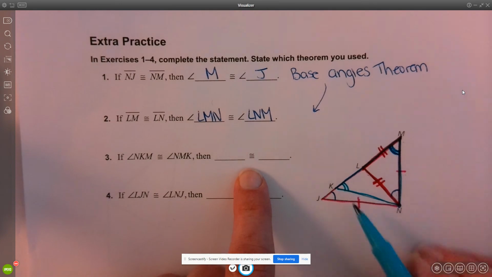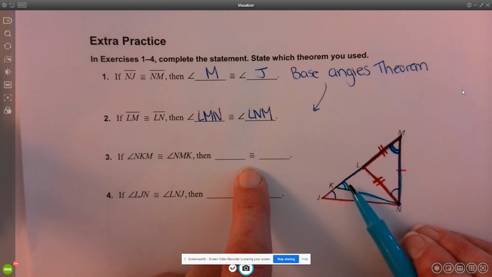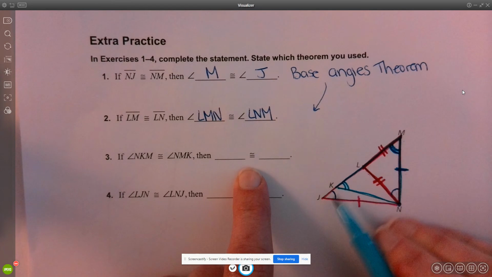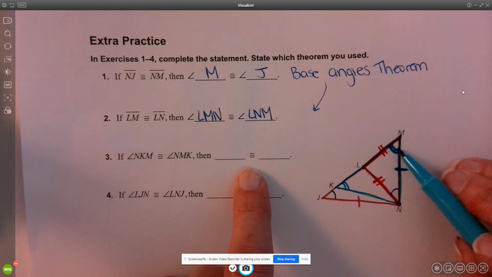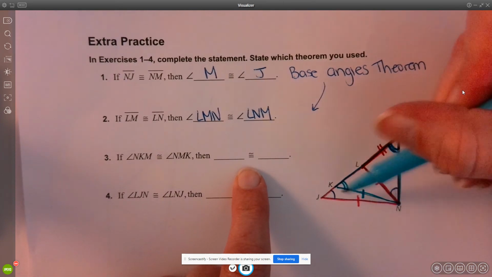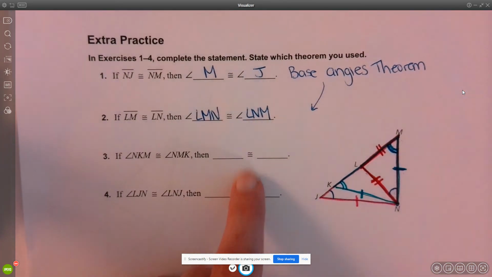So now I'm going to look at my 2 base angles, the sides opposite them. The side opposite this angle would be side MN. And the side opposite this angle would be side KN, sorry.